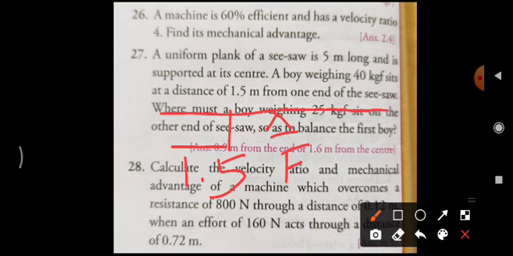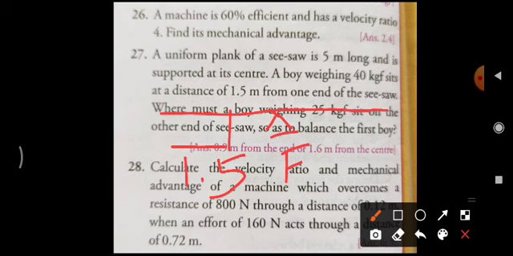Then the distance of the boy from the left hand side to the fulcrum is obviously 1.5 meter only, because 1.5 plus 1.5 is equal to 2.5 meter. The position of the fulcrum is at 2.5 meter only.